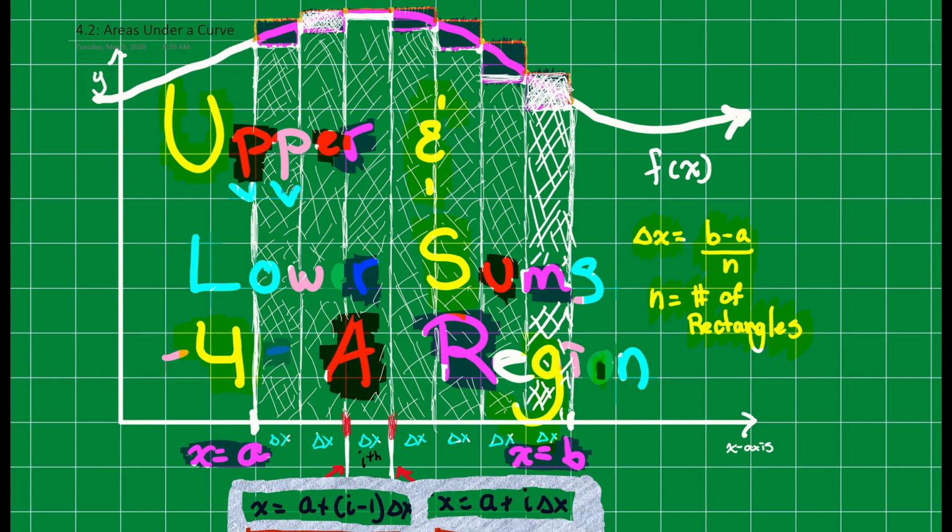If you notice, we don't have an exact shape for this particular region, so we resort to calculus and limits and summations and this amazing stuff. So let's do one of the problems.